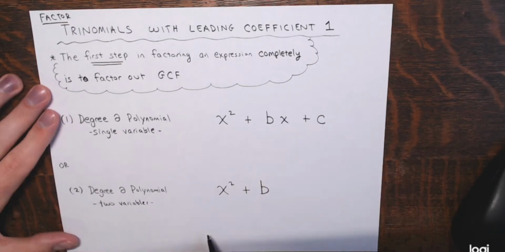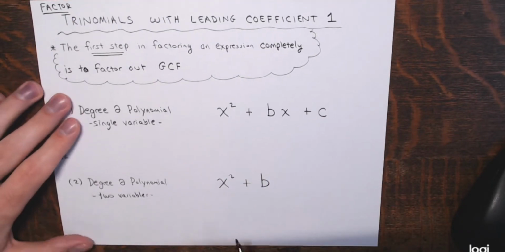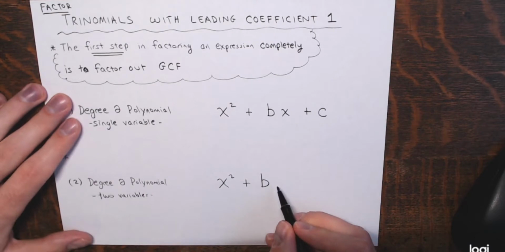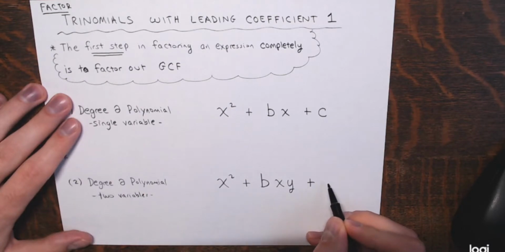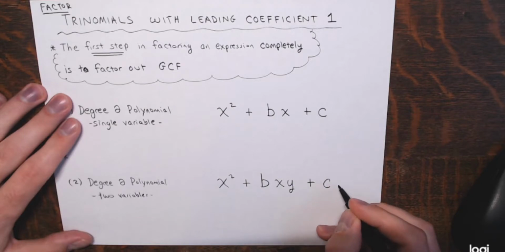B and c are just constants, they represent real numbers, they're just coefficients.